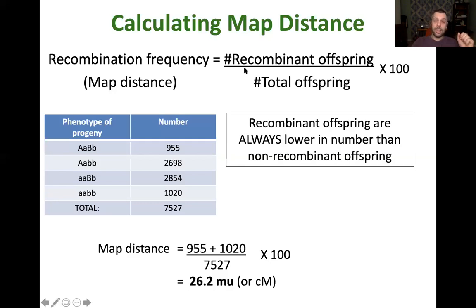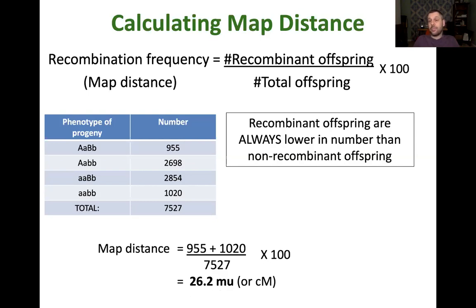So in order to calculate this, I look at the 2 lowest categories of offspring because I know these have to be the recombinant ones because their numbers are lower. Add those together and divide by the total offspring, and you get 26.2 map units or 26.2 centimorgans apart.